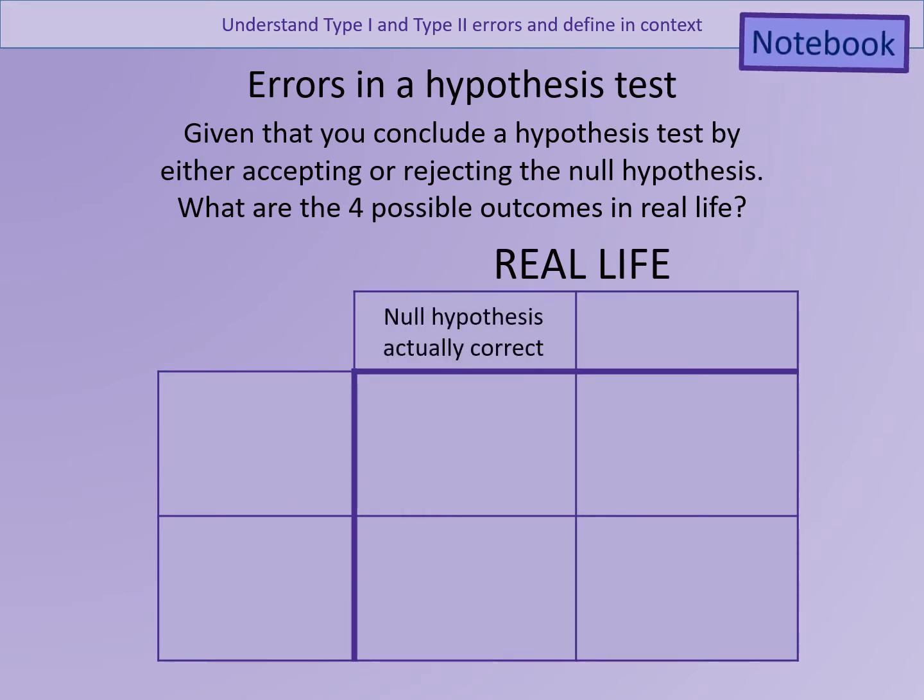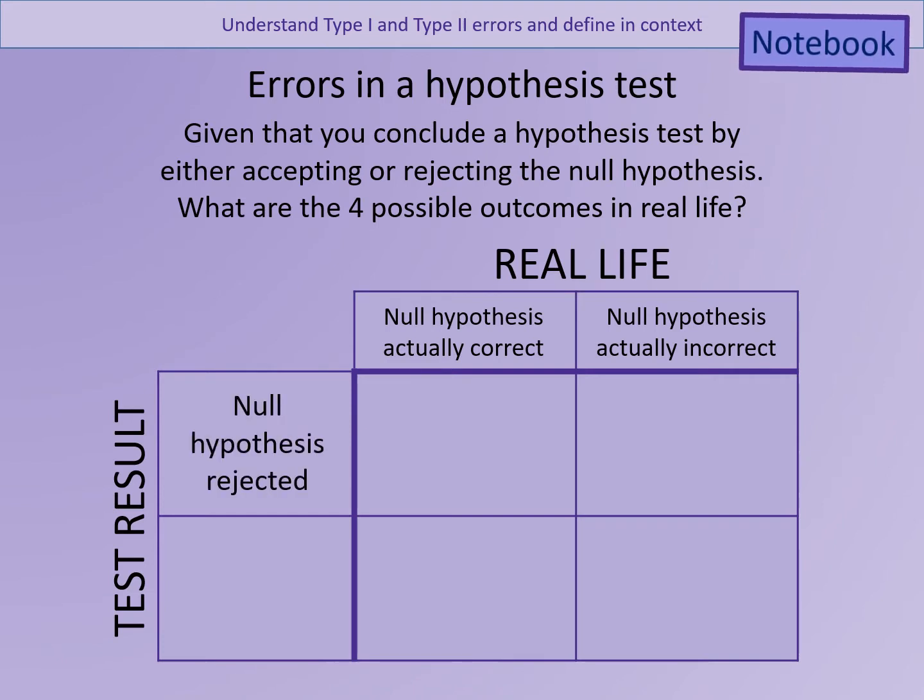Either, in real life, the null hypothesis was actually correct, or the null hypothesis was actually incorrect. And in your test, you will either have rejected the null hypothesis, or you will have accepted the null hypothesis. So consider which of these situations have involved the test being correct in its acceptation or rejection.